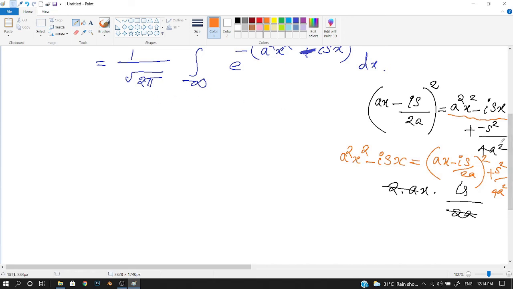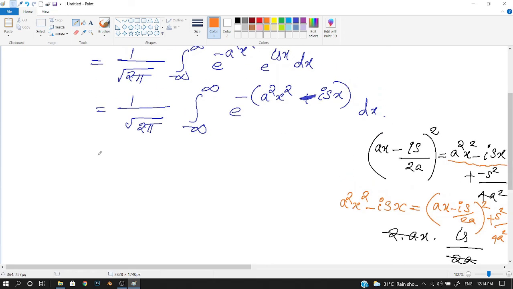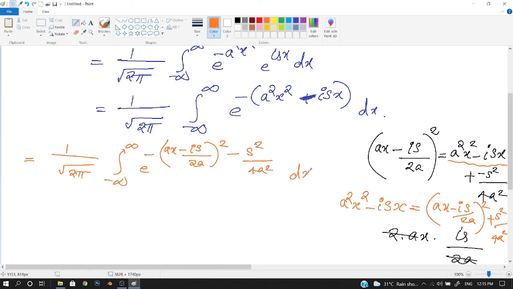So you can substitute that value there. So that is 1 by root 2 pi integral from minus infinity to infinity e raised to minus of ax minus is divided by 2a the whole square, then here minus is common, so minus s square divided by 4a square into dx.